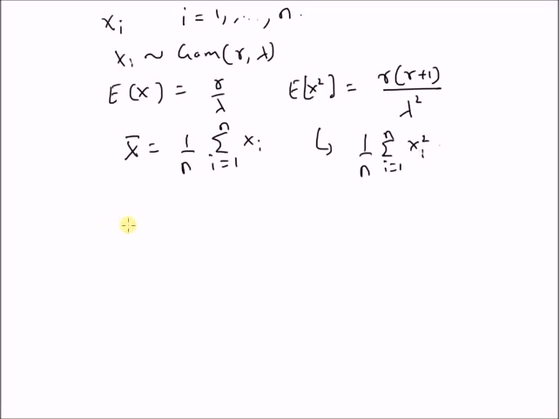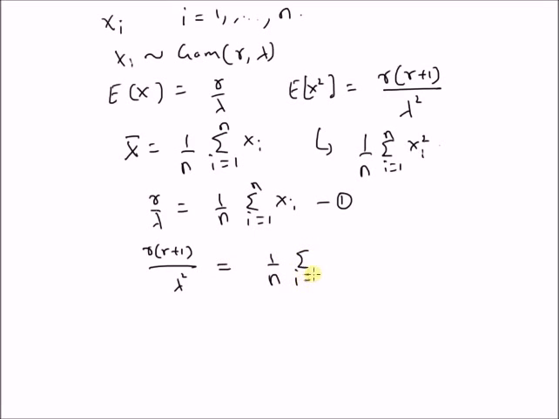Now by using the method of moments, we equate the first moment from the PDF with the sample moment, that is equation 1. And we do the same for the second moment: r times (r plus 1) over lambda squared is equal to 1 by n summation i equals 1 to n xi squared.